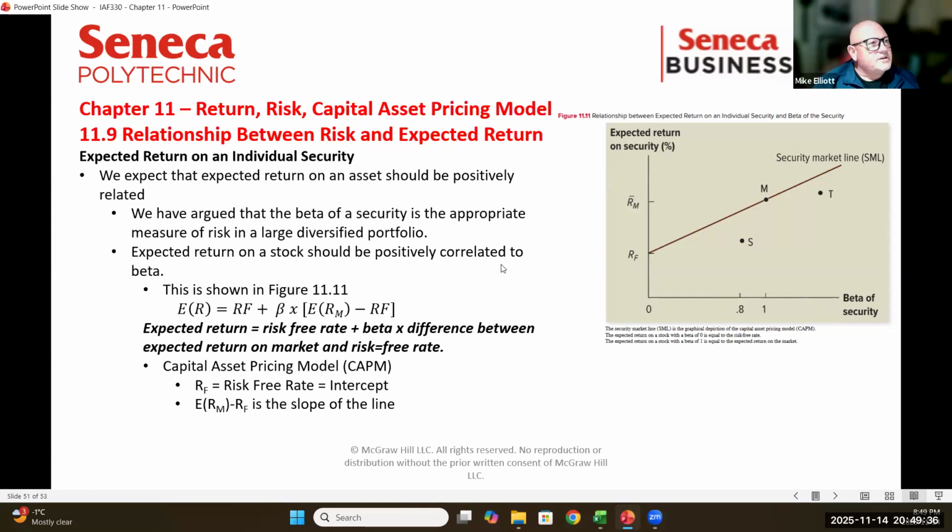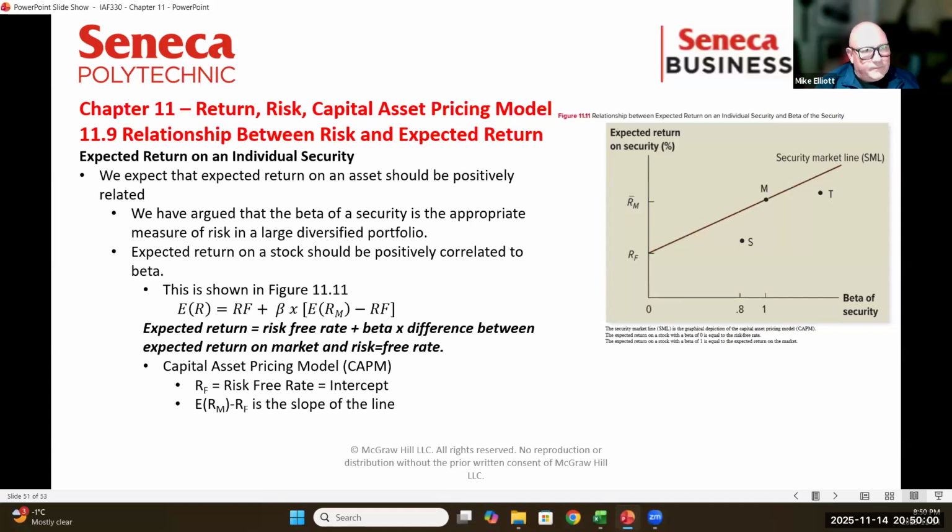Now, the expected return of a security and the beta of the security, so the piece of the security you can't hedge away, the systematic risk in the security, is a good relationship. It's linear. We expect that the return of an asset should be positively correlated to the beta of that asset.